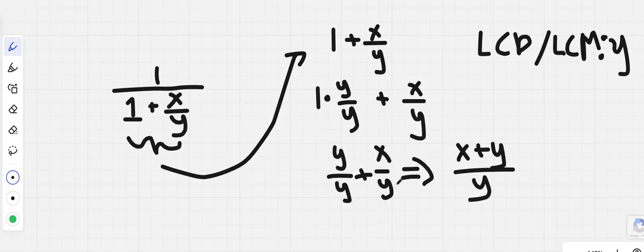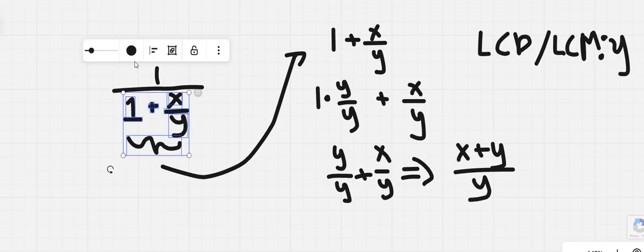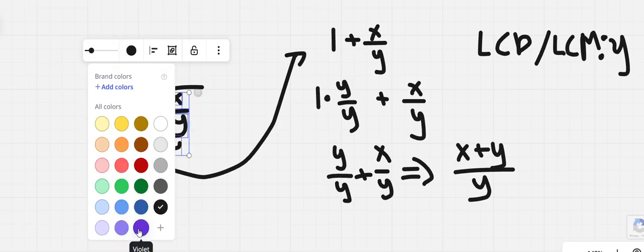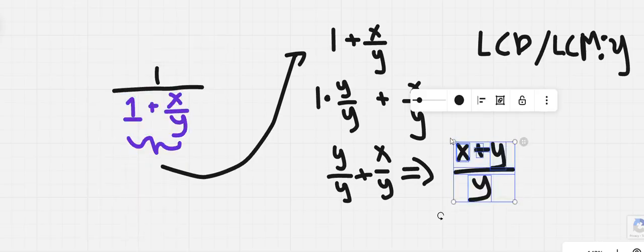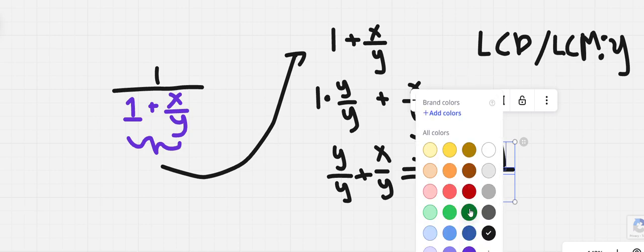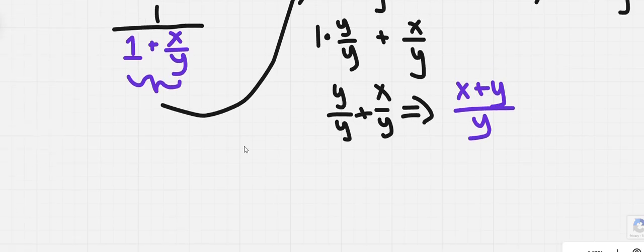Because when you have fractions with the common denominator, you keep the denominator the same and you add the numerators. So let's make this a different color. Make that violet. Blue, not violet. So that turns into x plus y.